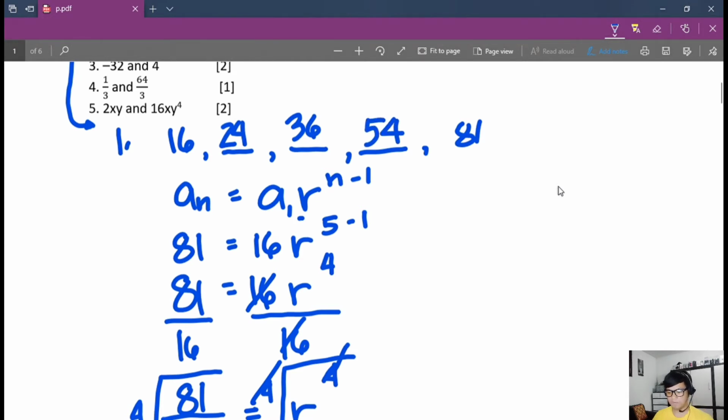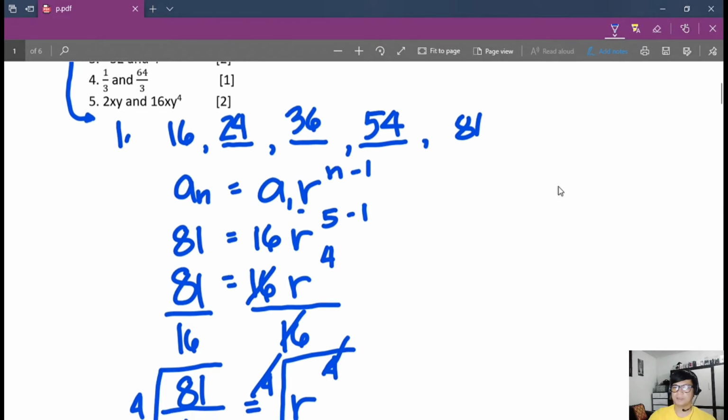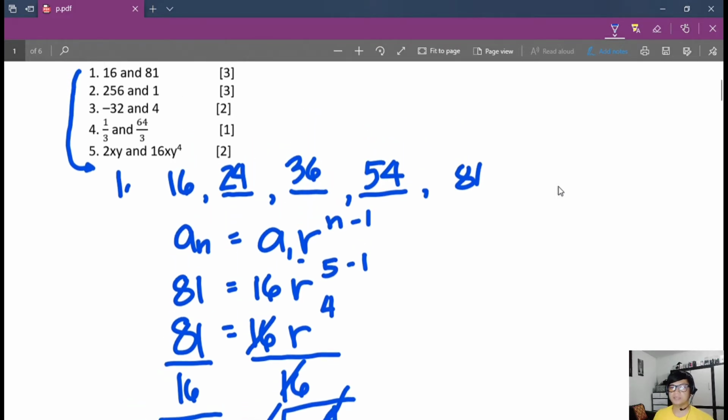And 54 times 3 halves is 81. So these are our geometric means: 24, 36, 54, 81.